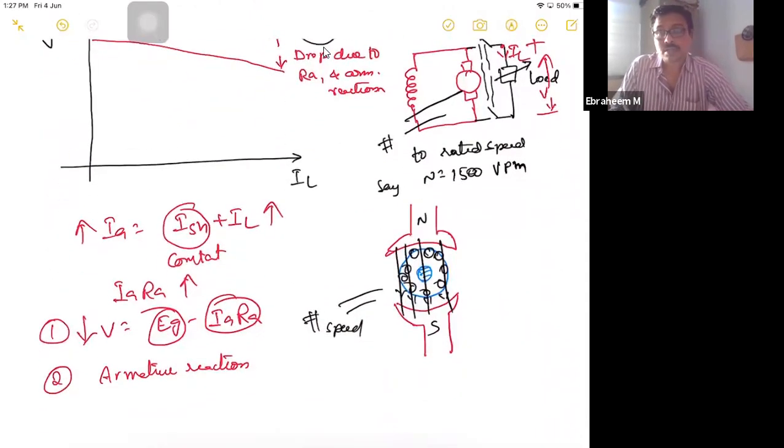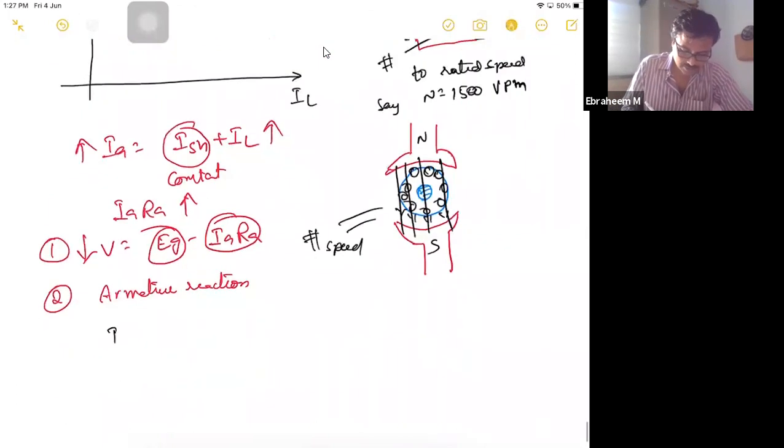Armature conductors carry current, so IA produces flux. This is called armature flux.